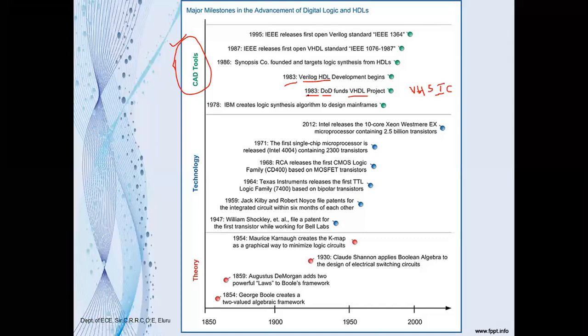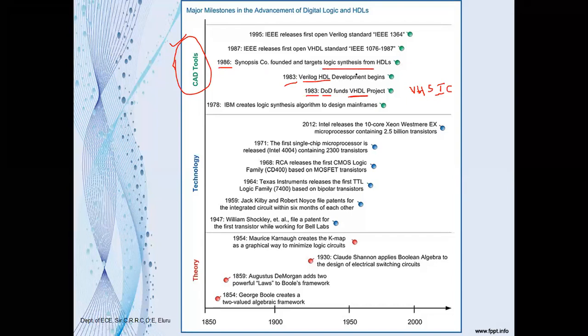But in the earlier version of the VHDL tool, it was only for documentation and logic simulation. There was no logic synthesis in the first version. But later they added the logic synthesis tool.